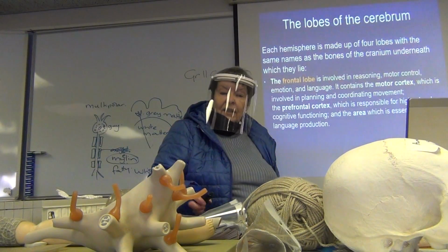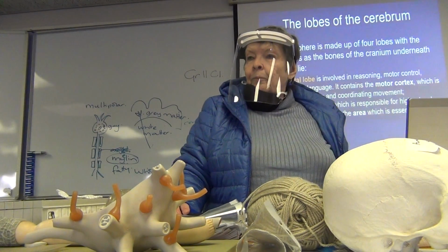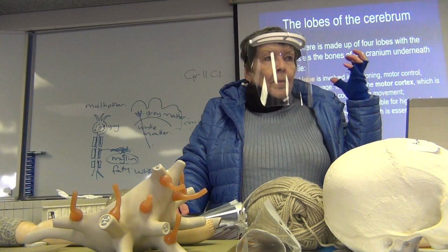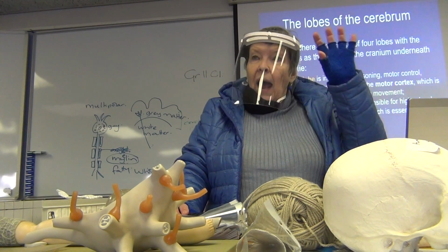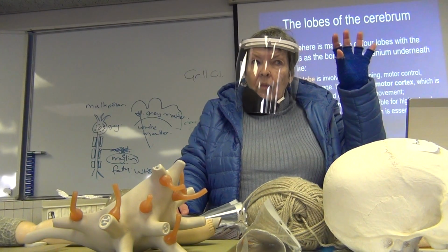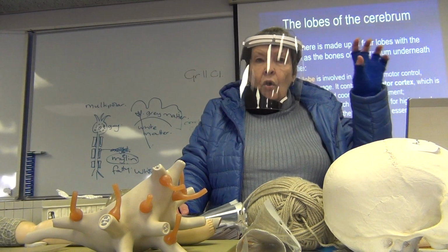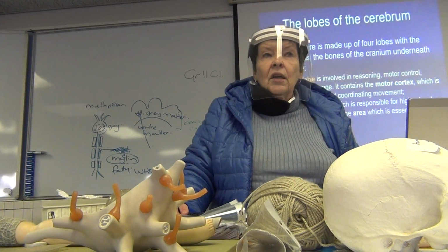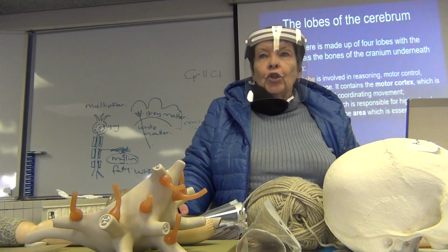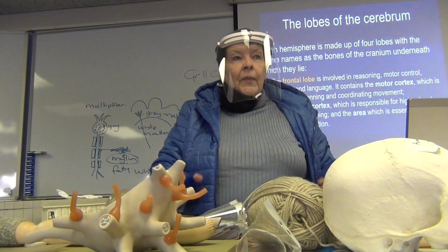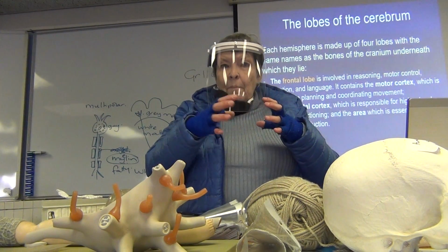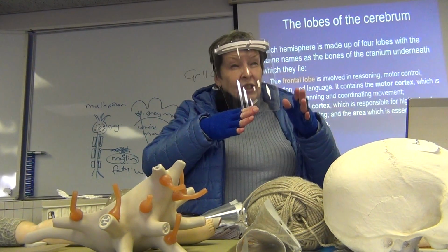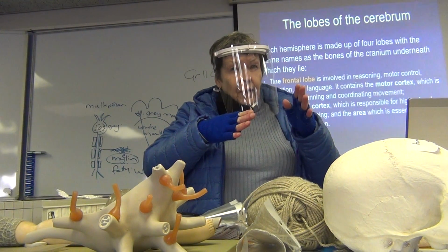So really that's in terms of thinking, judgment, all of those higher order processes go on in the frontal lobe. And next year, when you deal with human evolution, what you're going to see is the development in the Homo species. Do you know what I'm talking about?